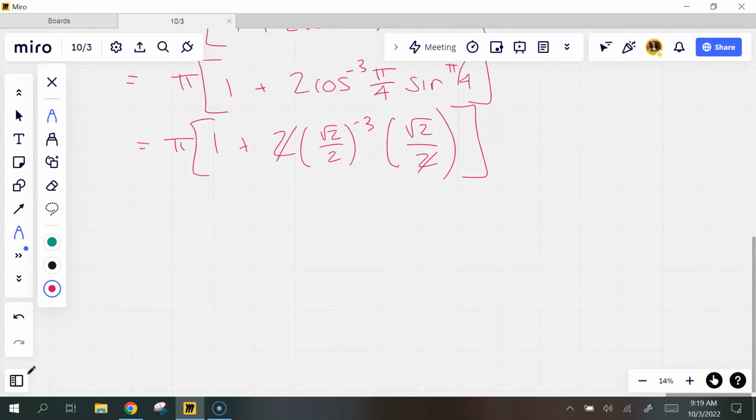I'm going to try that. I think what I'll do is take this to both, but make it positive and flip it. Okay? So I end up with pi times 1 plus 2 to the positive third over the square root of 2 to the third times the square root of 2.